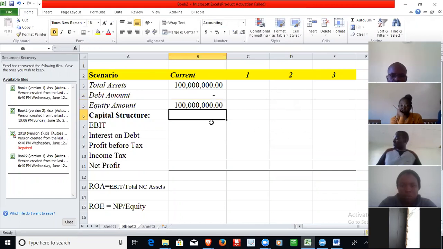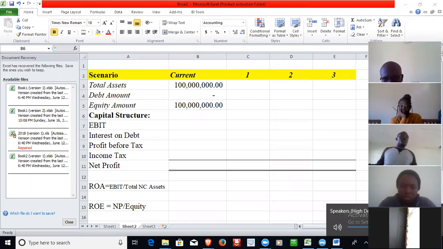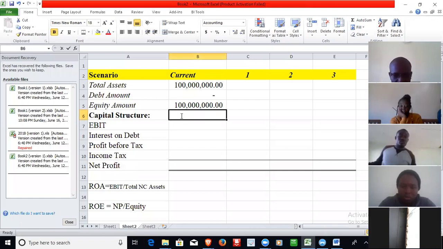So what's our capital structure? I think it's 0% debt and equity 100%.